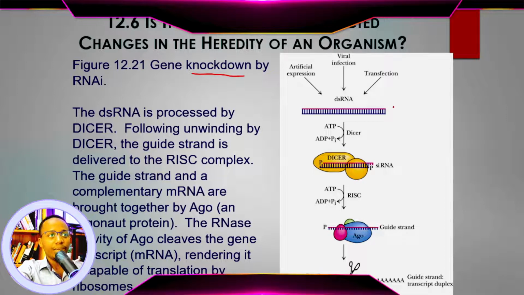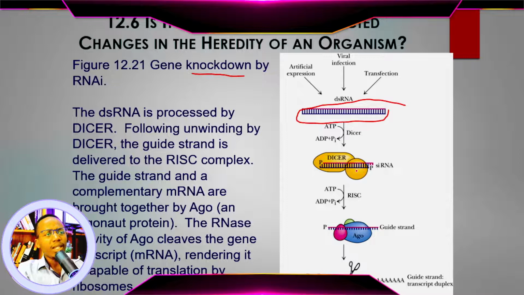Here's how it works. You start with your double-stranded DNA, right? And we have something called a dicer, right? A dicer is this protein complex that does this, right? So this dicer is the one that's going to come in and open up your DNA, and then a guide strand is delivered there.